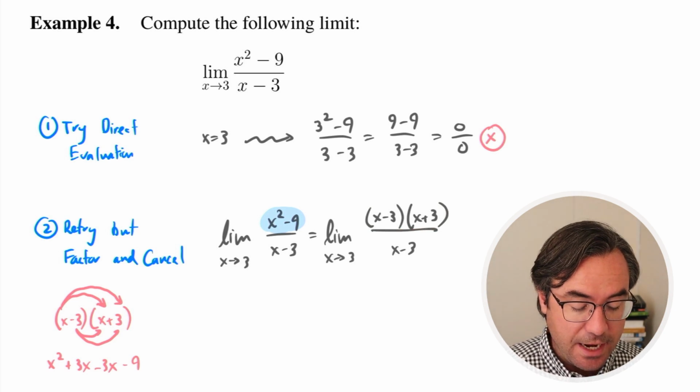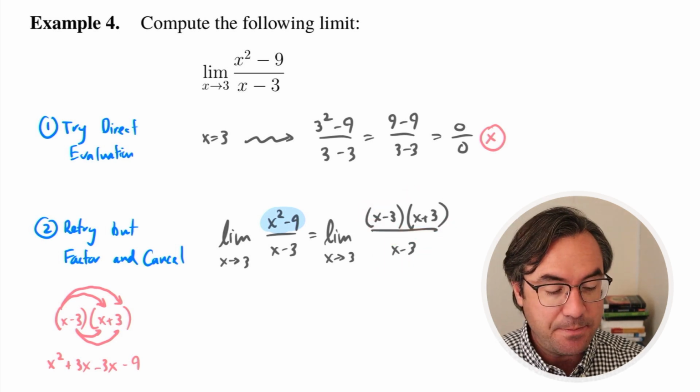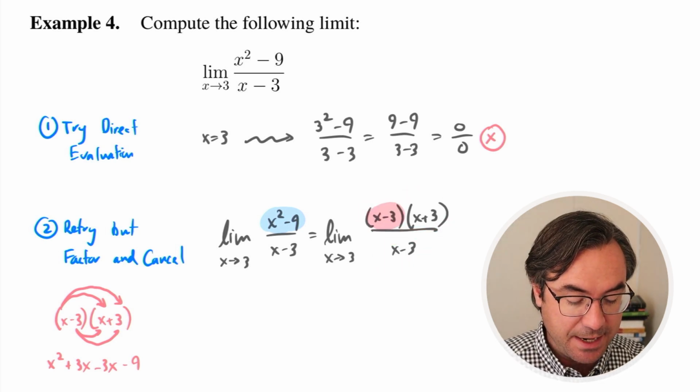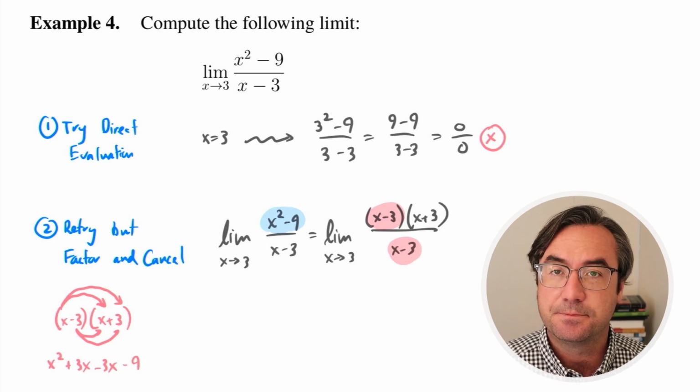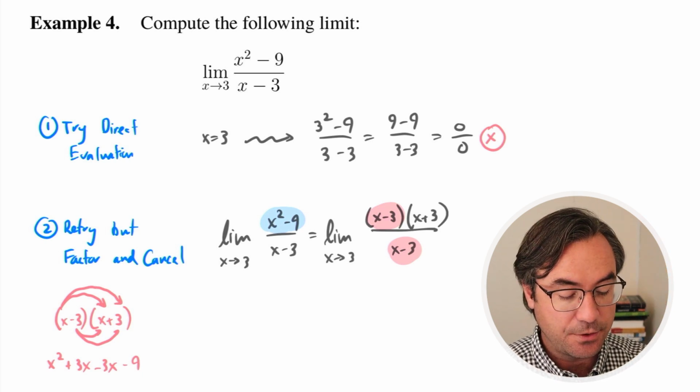All right, so in any case, we've factored the numerator, we've factored the denominator, and now you might be noticing that we have an x minus 3 and an x minus 3. One on the top, one on the bottom. We can cancel those out.